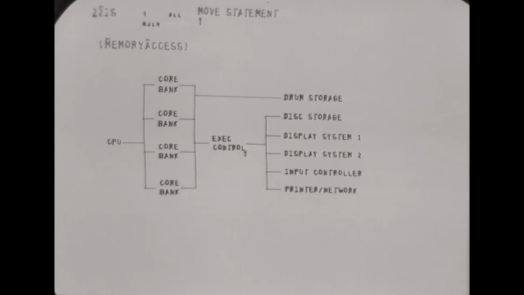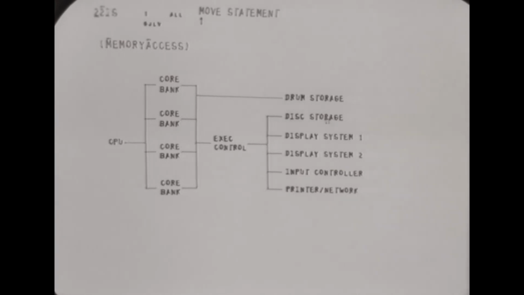We've taken advantage of that to put all of our control out here: a large 96 million character Bryant disk for giving backup storage for ourselves, our two display systems, each of which drives 6 displays, and all of which are refreshed out of core, and the input controller, which samples the keyboards, the key sets, the mice of each station about 15 times a second, and our printer and the ARPA network coupling here all come in through that same priority basis.